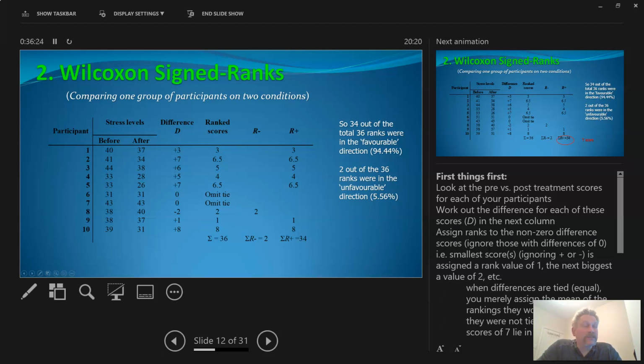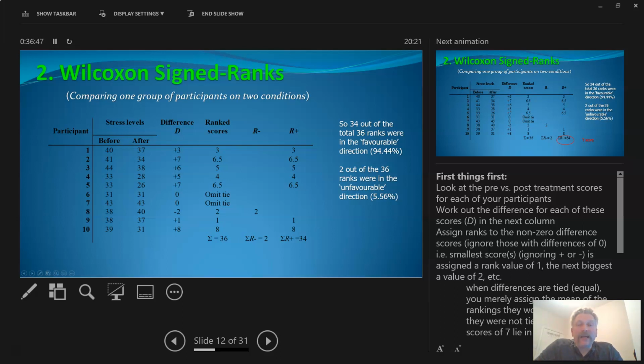So what we're hoping to see is that there's a reduction in stress levels after they took part in the intervention. So again, we've got 10 people and we've got their pre and post, before and after scores. And what we do, or rather, what the software does for us, is find out the difference between those.